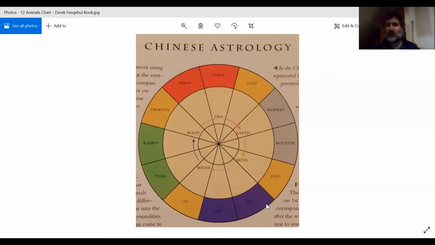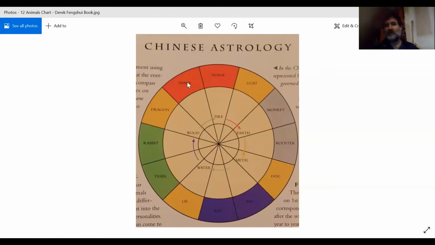You should be aware of the nourishing cycle and the controlling or restraining cycle. Just very briefly, water nourishes wood. Wood nourishes fire. Fire nourishes earth. Earth nourishes metal. Metal nourishes water. Water restrains fire.